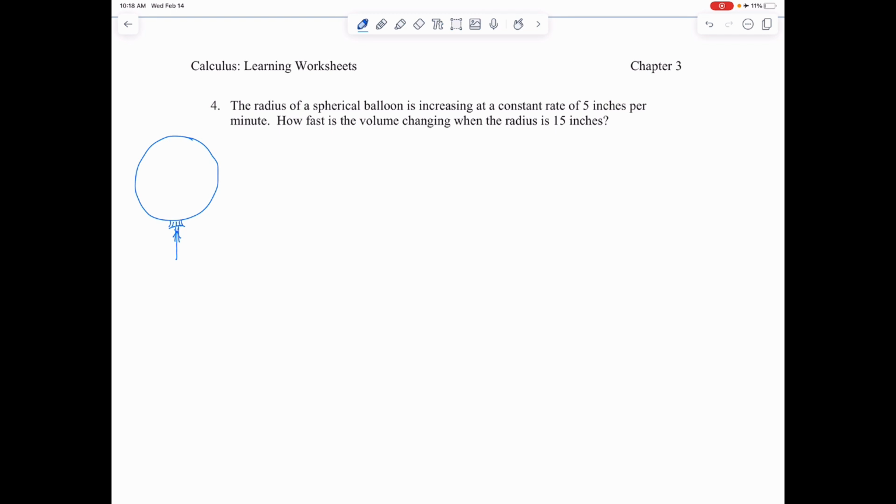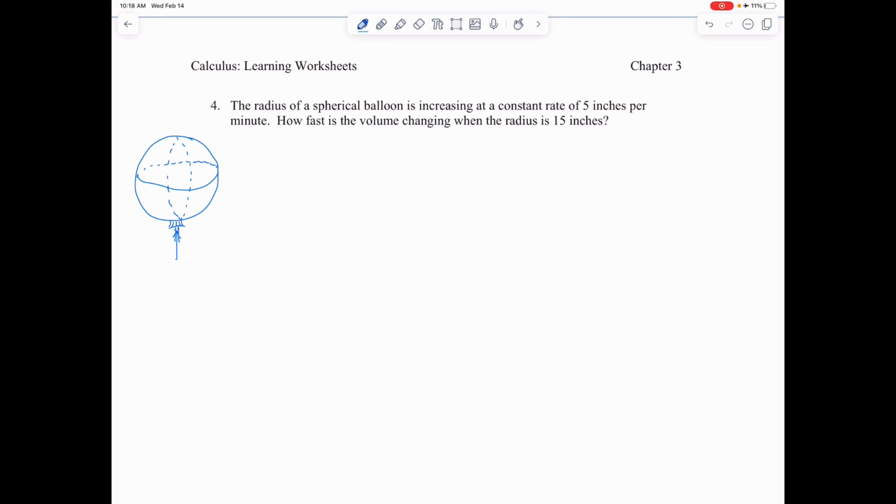So it looks like we're going to have really two variables, because let's think about the volume of the balloon. So I'm going to kind of put a circle around it, right? It's a circular balloon, which I don't think I've ever seen a circle balloon, but we can imagine.